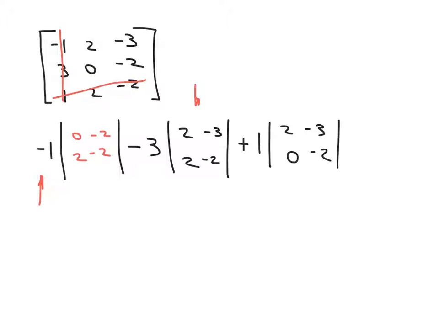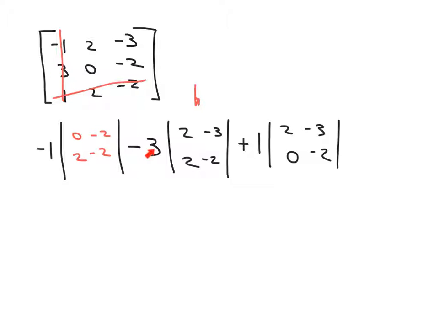Not too terribly difficult at this point, and it doesn't really get any harder. So I take my first number in my first column, and I cross out its row and its column, leaving me with my 0, -2, 2, -2. Then I put a minus sign right here.